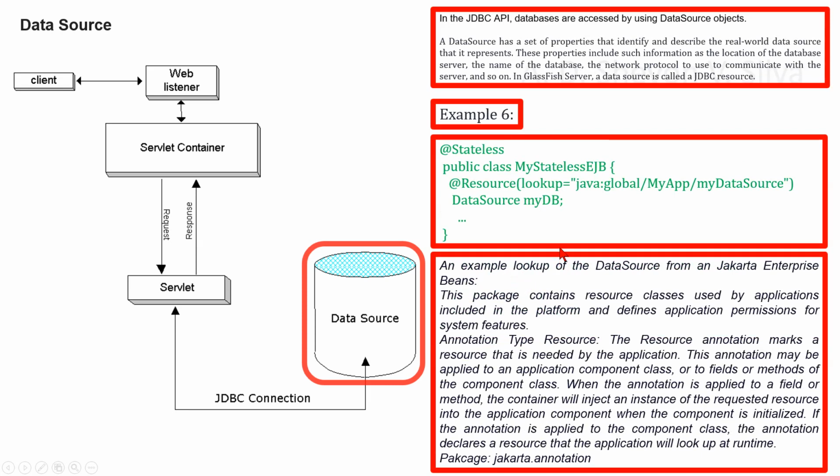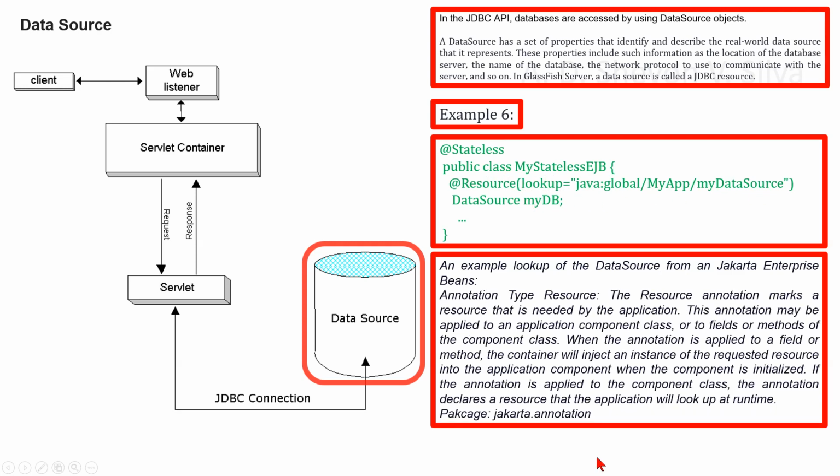Here you can see an example lookup of the data source from a Jakarta Enterprise Bean. Here you can see the optional element lookup, String lookup, the name of the resource that the reference points to.